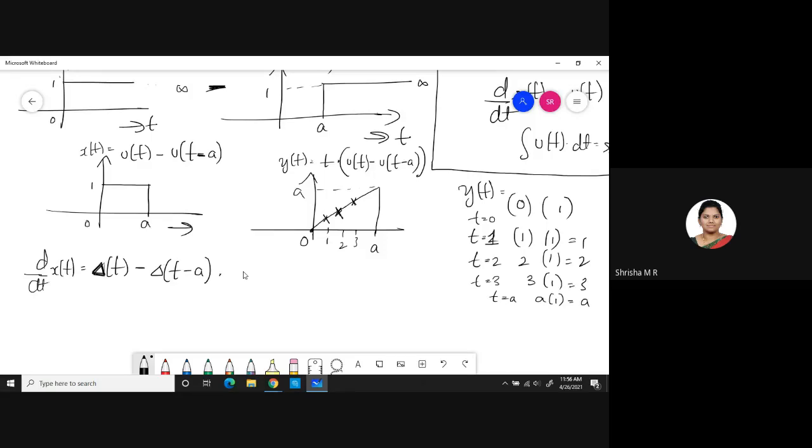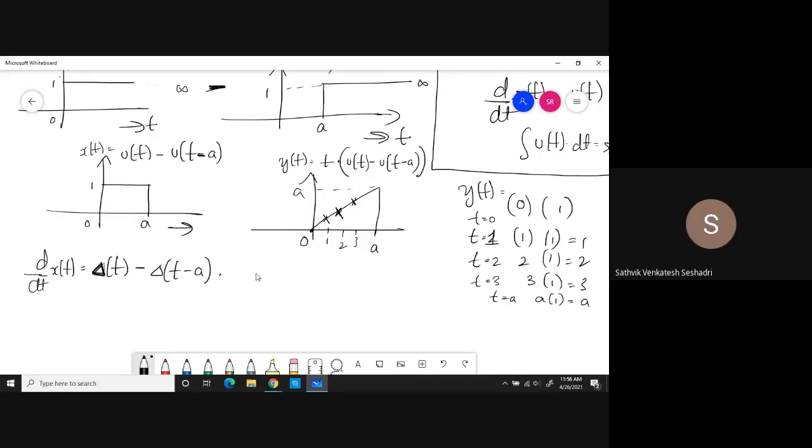Got it? We are just differentiating this function u of t minus a. Differentiation of u of t is delta t and differentiation of u of t minus a is delta of t minus a. Got it, everyone?